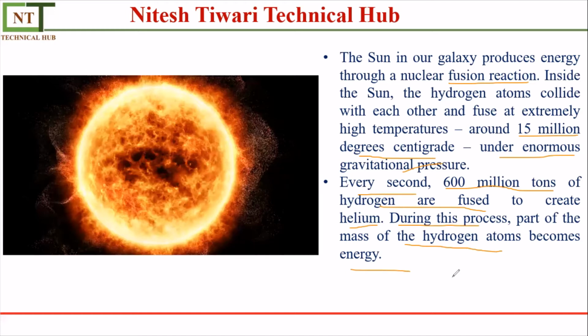But after some time, when the hydrogen is going to be empty, or hydrogen is not available in the sun or star, what happens? If hydrogen is not available, will the star or sun die? No, of course not. Once the hydrogen is empty or not available in the sun or star, then two helium atoms will collide and make another atom, and energy will be produced.